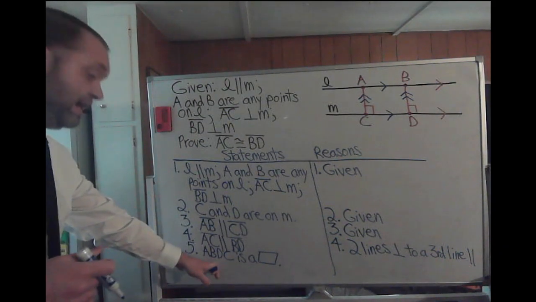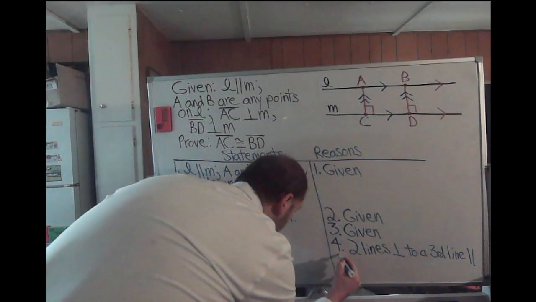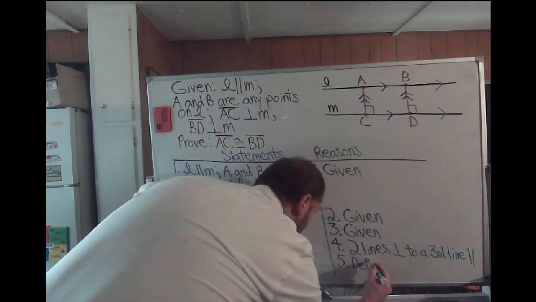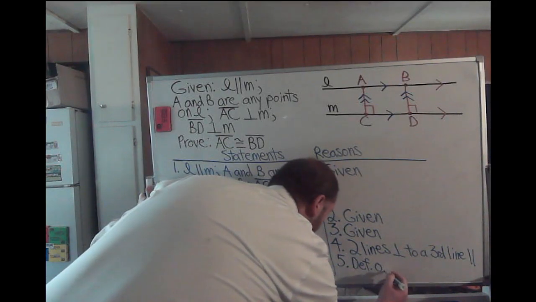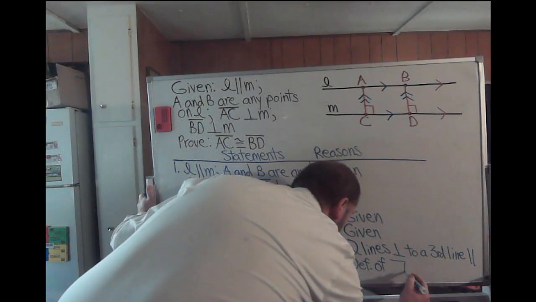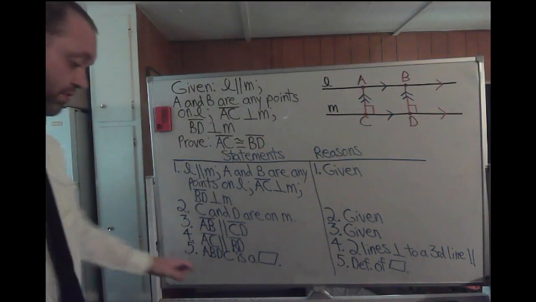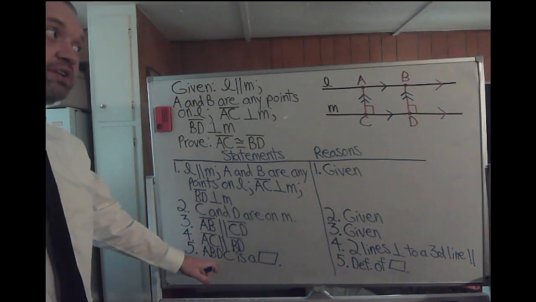ABDC is actually now a parallelogram. That's simply based on the definition of parallelogram, because you have both pairs of opposite sides parallel. So the definition of parallelogram would prove that ABDC is actually a parallelogram.